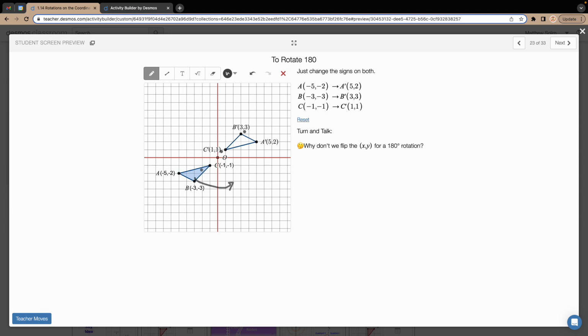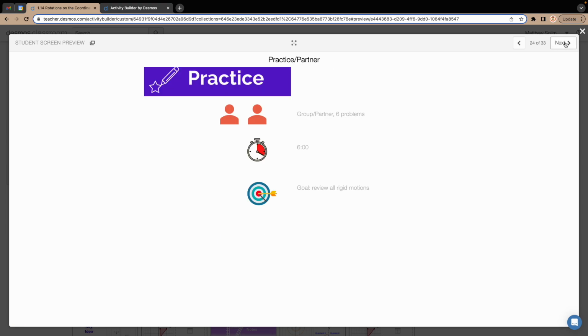This would become 2 comma 5. And then to go 90 more degrees, we flip them again. So we go back to 5, 2. So for 180, you don't flip the coordinates because if you go 90, you flip them. If you go another 90, you flip them. And now you're back where you started. The only thing you do on 180 is you change the signs.